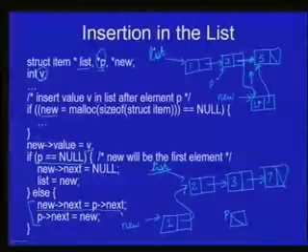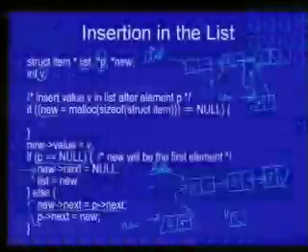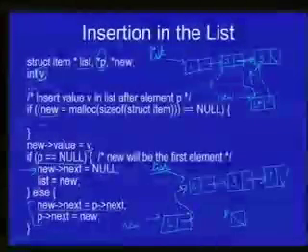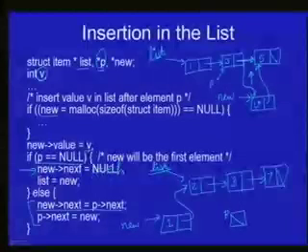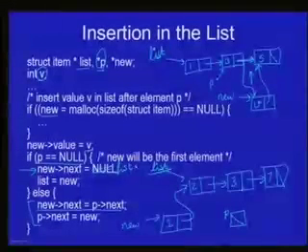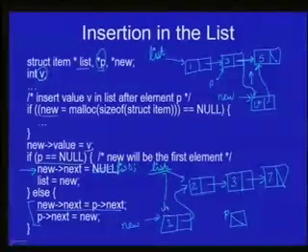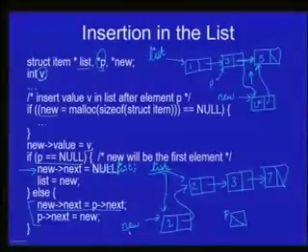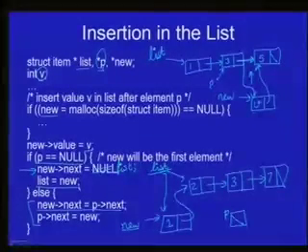So new arrow next should be set to the current value of list. In fact, there is a mistake here. This should be list here. And finally list is set to point to the new element, to which new is a pointer, so list is just assigned new. So that inserts the element in the list after the element P.